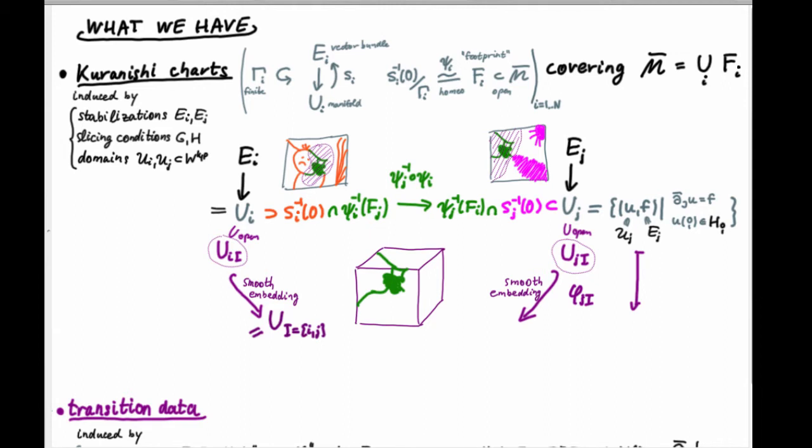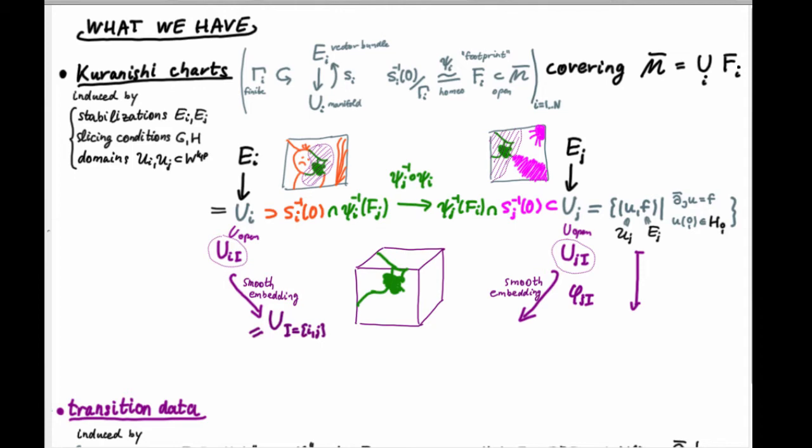Namely, we chose slicing conditions to stabilize the maps, to fix the parameterization, and then we chose some stabilizations to cover the cokernel. And we needed some small open sets in some Sobolev space, that's my open subset in which I vary the maps so that they still intersect the slicing conditions transversely.